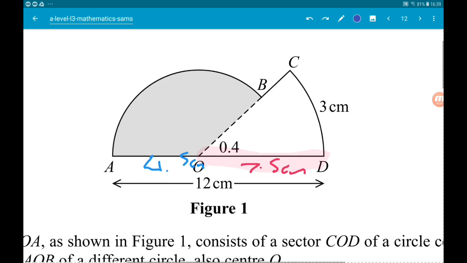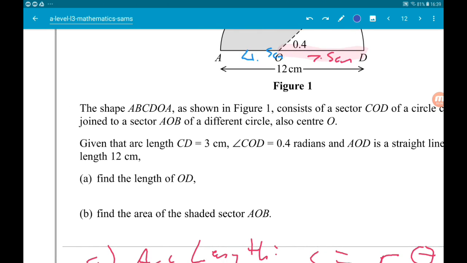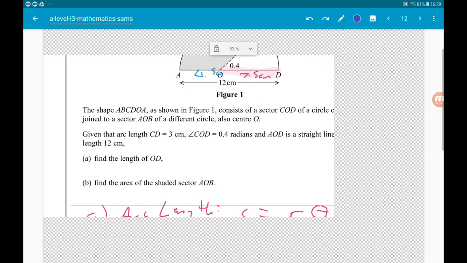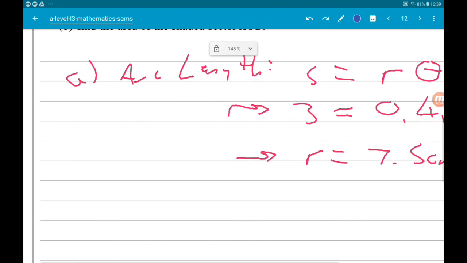Okay then, for part B, we want to find the area of the shaded sector AOB. So, to find the area of a sector, the formula is 1/2 times the radius squared times the angle, so half R squared theta.